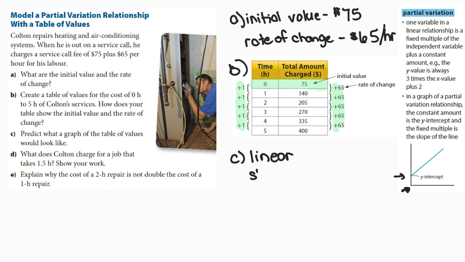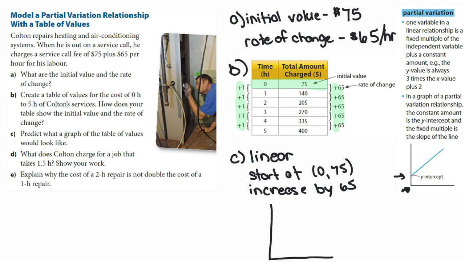So it would start at (0, 75), and it would increase by 65 every time. So every time we go up by 1 hour, the amount would increase by 65. So it would look something like this, where this is the $75, and then we would go over 1 and up 65, something like that.